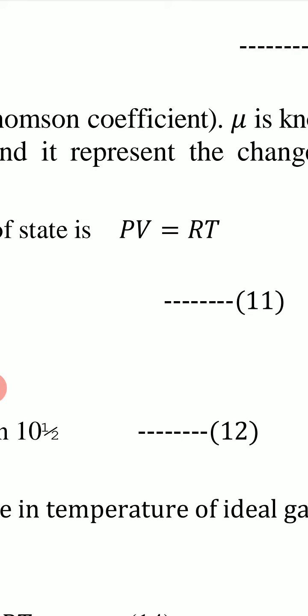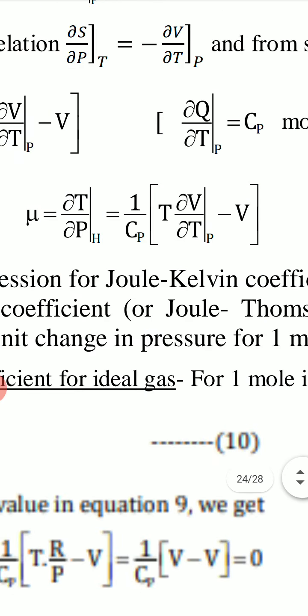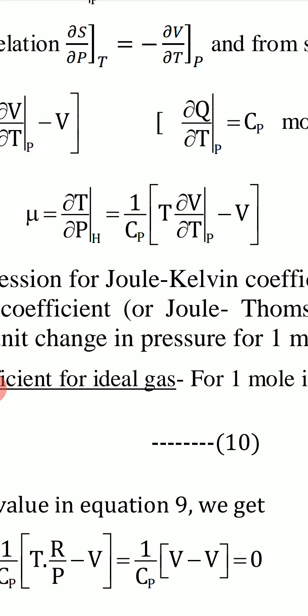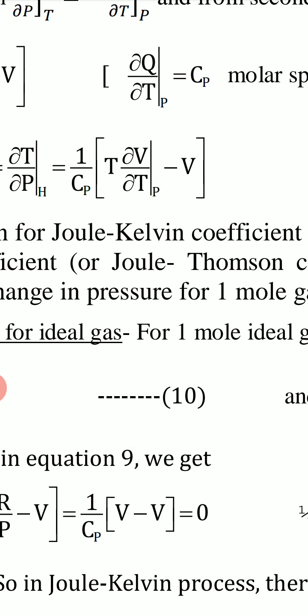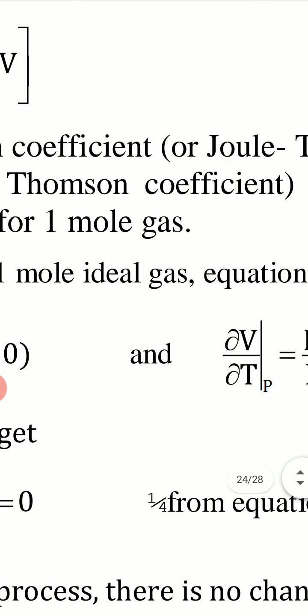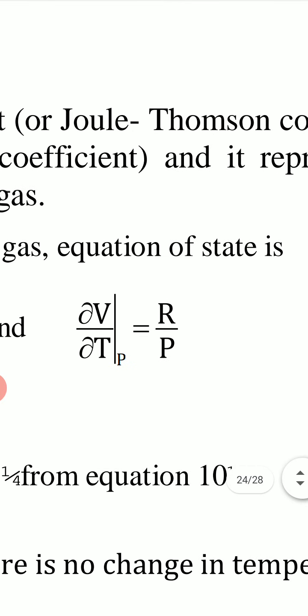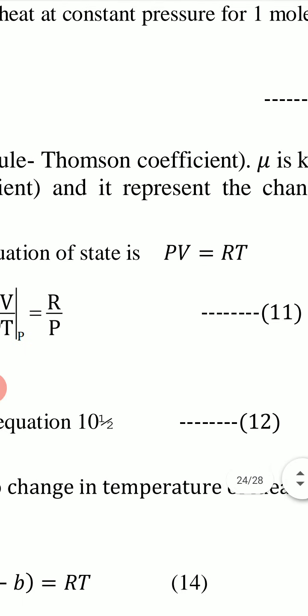And using this equation, we can find this value of (∂T/∂P) at constant H, which is mu, Joule Kelvin coefficient. Because in this relation we have (∂V/∂T) at constant P. This (∂V/∂T) at constant P is found by using this relation PV equal to RT.